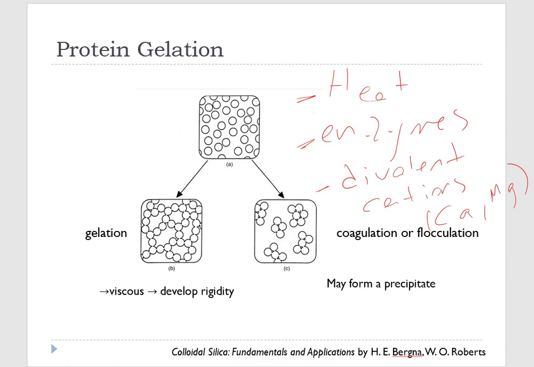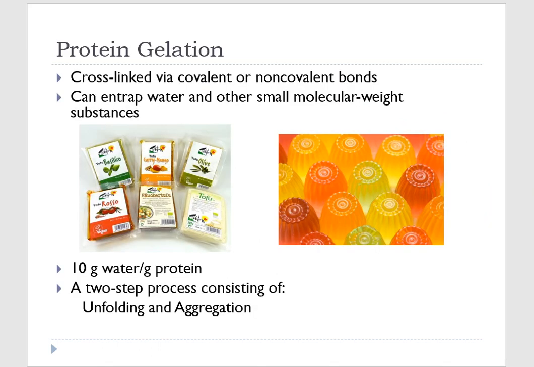So you form a 3D cross-linked network structure, and it might involve some covalent and non-covalent interactions. Okay, there are protein-protein interactions and protein-water interactions. Covalent and non-covalent bonds.